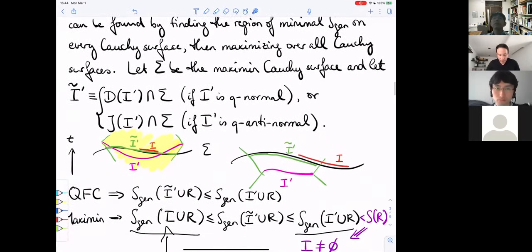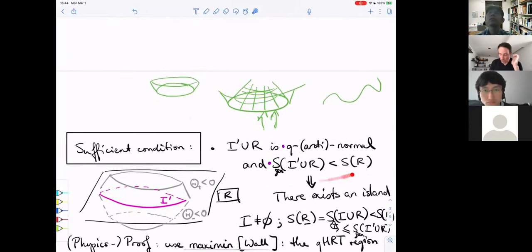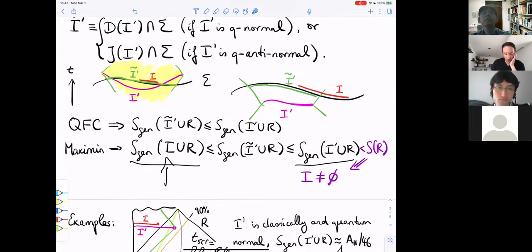And then here's how the argument goes. Okay, so here is this candidate surface or region I prime. Sorry, the pink one is the candidate region I prime that we found, which satisfies these properties. It's quantum normal or anti-normal, and it has less generalized entropy than R has entropy.